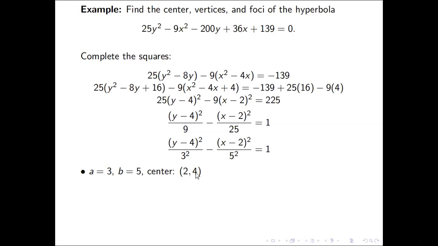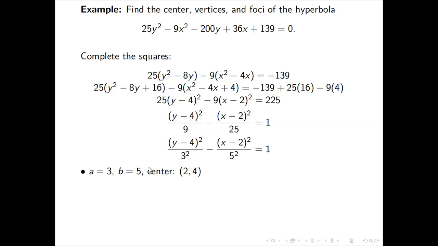And then we can also tell what the values of a and b are, though those will not be asked in the quiz. But anyway, just remember that for hyperbolas, a squared is always under the positive variable. So this is your a squared. That makes a equals 3. B squared would be the one always under the negative variable.